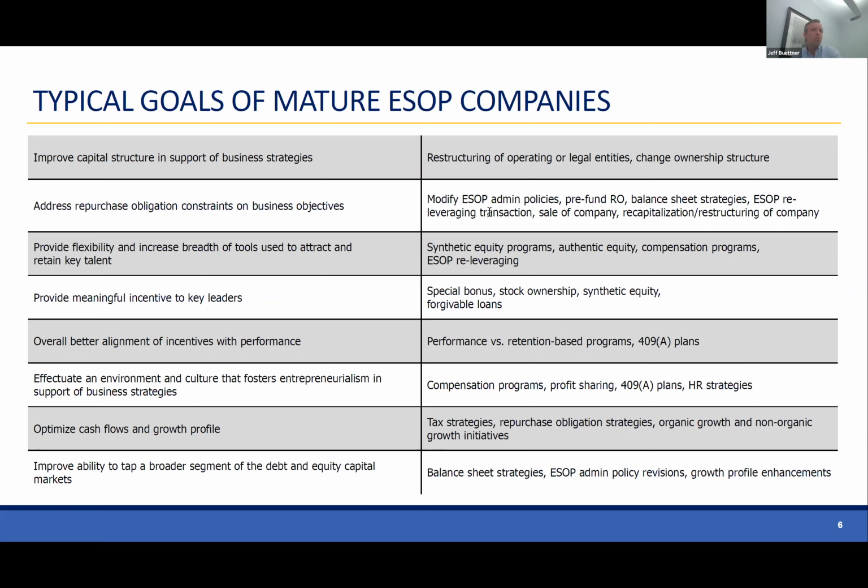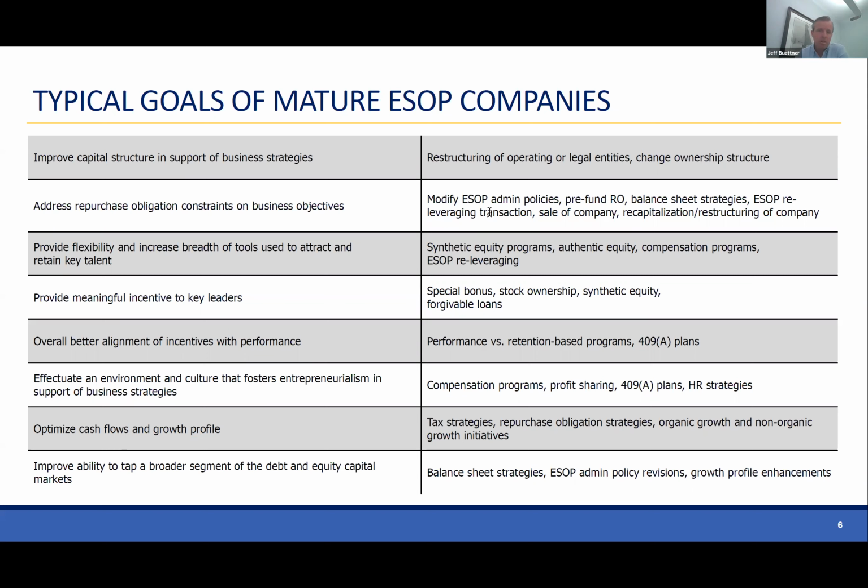And so some of the goals that we're often hearing, and what we're working with companies to try and find solutions for, which are not all encompassing here on this slide. There's no one right answer. Most of the instances where we're assisting companies with solutions are going to be very customized to the particular nuances of that business, its needs, its goals, which might differ from industry to industry.